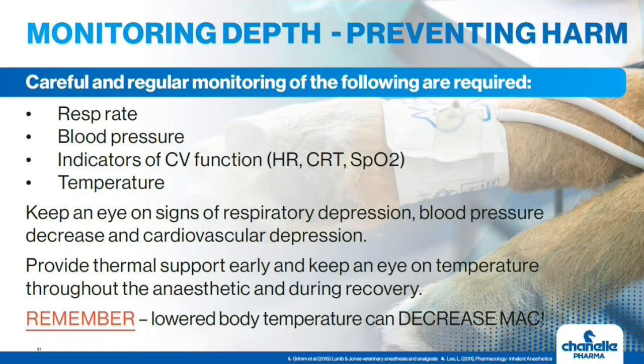And this allows you to see the changes and trends over time during the anaesthetic. You should be looking out for signs of respiratory and cardiovascular depression, along with alterations and decreases in blood pressure. It's important to provide thermal support early in a procedure and keep an eye on the temperature of the patient throughout the anaesthetic and during recovery. Remember that lowering of the body temperature can cause the MAC value to decrease.